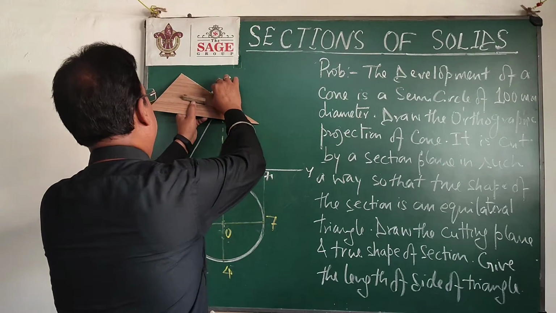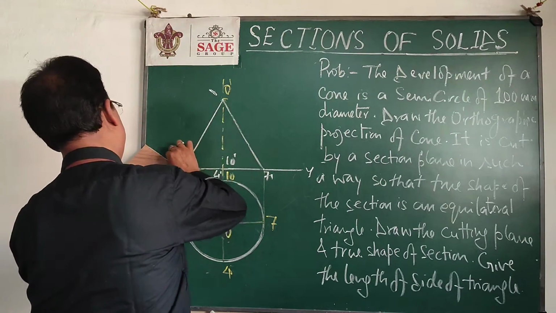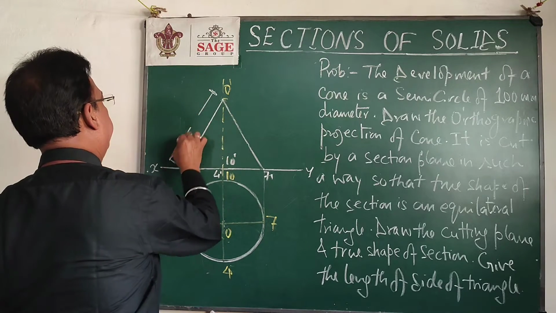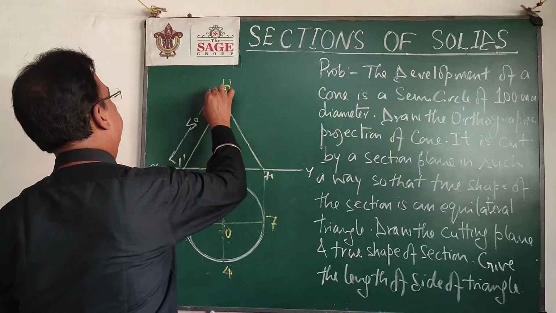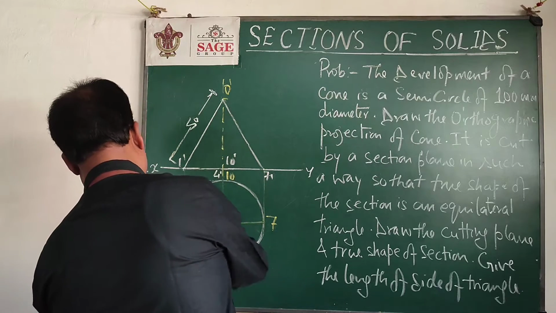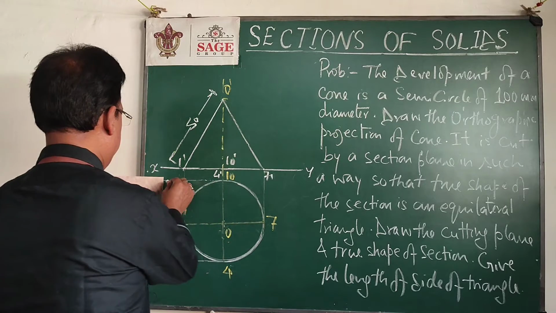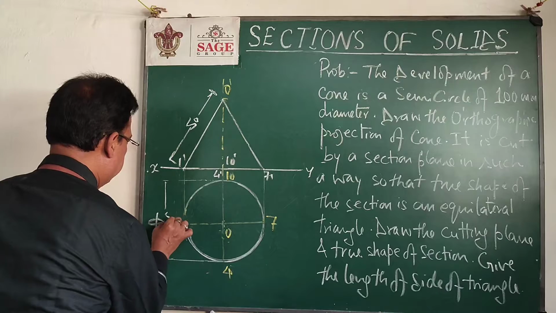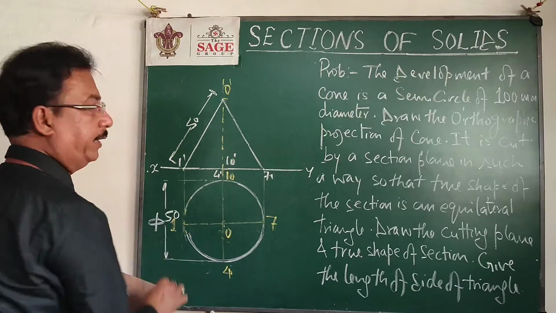This length will be 50 mm, the generator. The diameter is also 50 mm, and we will denote this by phi. Phi will be the notation for the diameter of a circle.